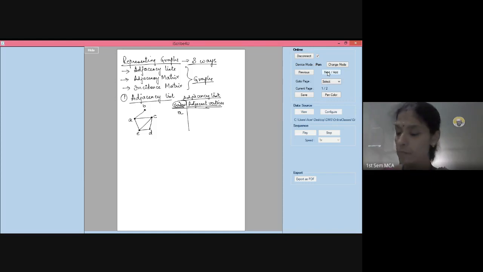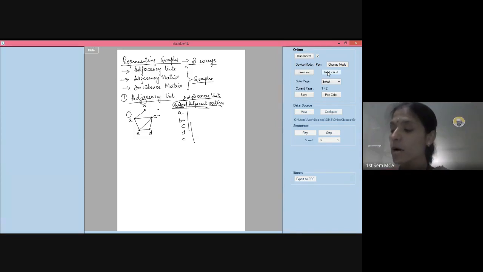We have A is a vertex, B is a vertex, C is a vertex, D is a vertex, E is a vertex. These are the vertices that we have in this particular graph.